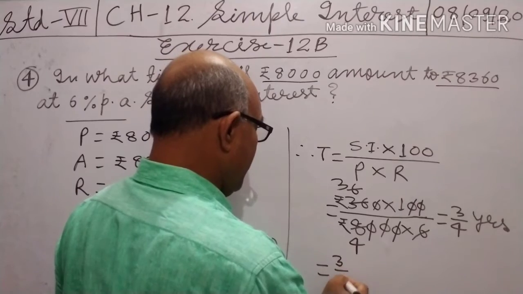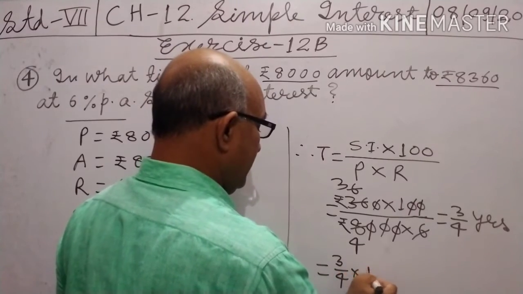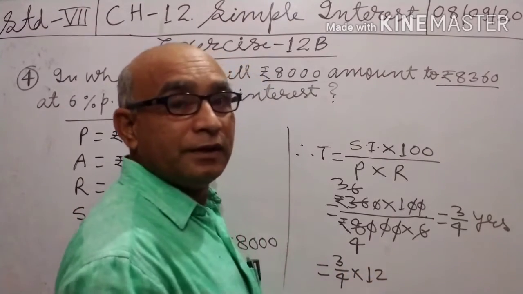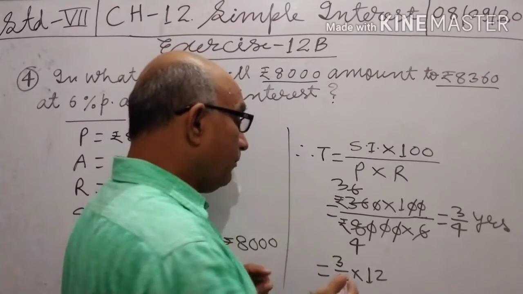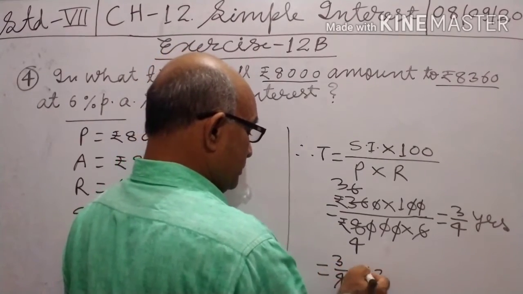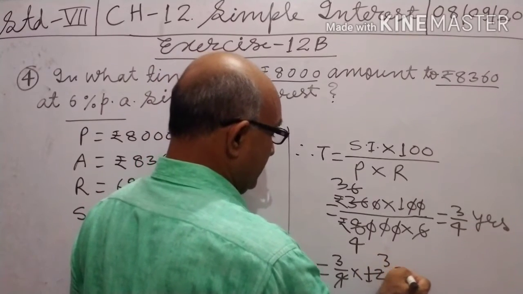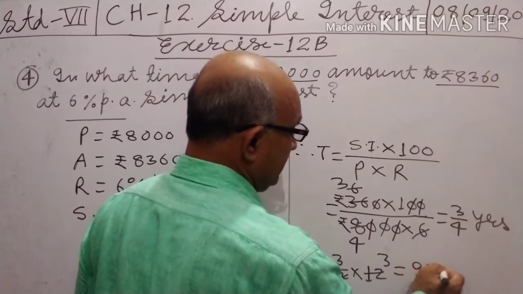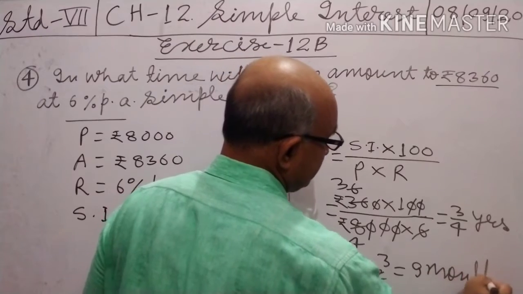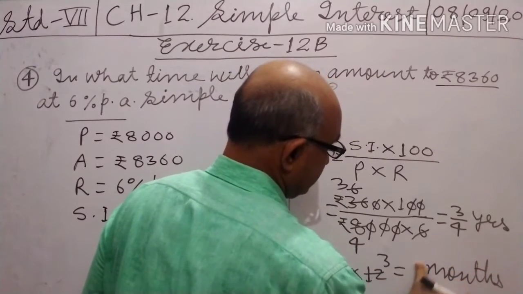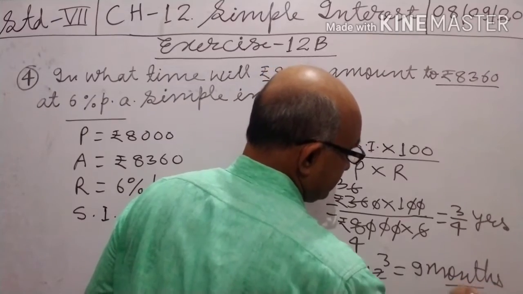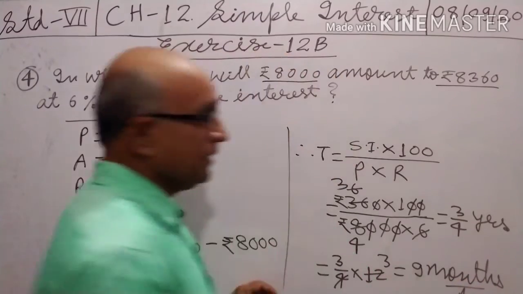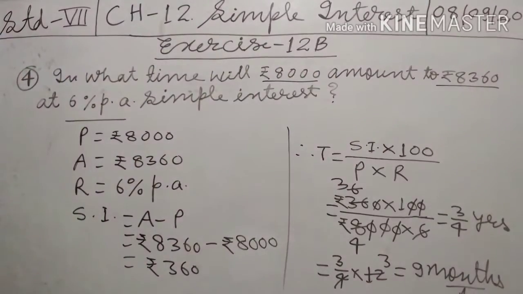So 3 by 4 year is multiplied by 12. Year multiplied by 12 then change into months. So 4 3s are 12, equal to 3 3s are 9 months. Answer. Understand and write it.